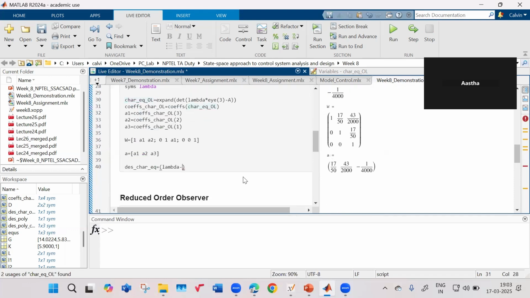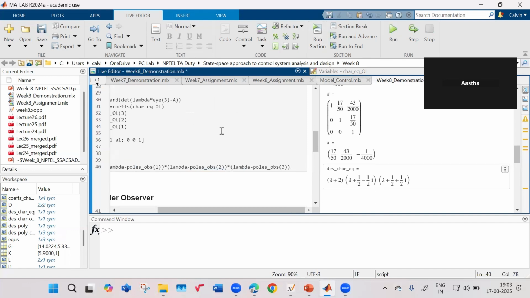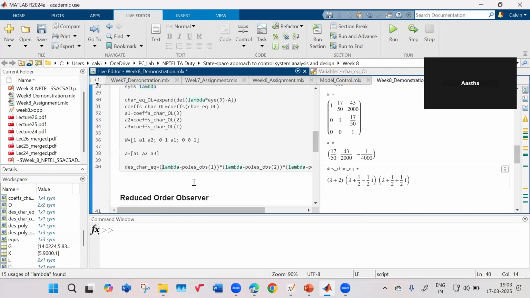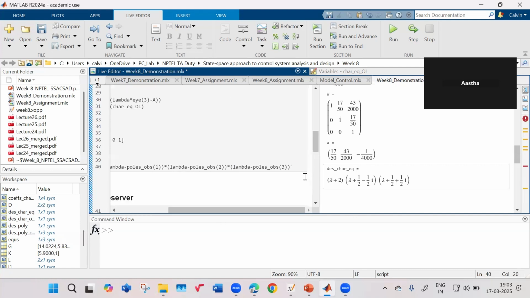Lambda minus pole observer, first one, into lambda minus pole observer, second one, into the third pole. So let us expand this. It comes in this format. We want to expand it, so we will use the command expand. Okay, so this is the desired characteristic equation which we get.